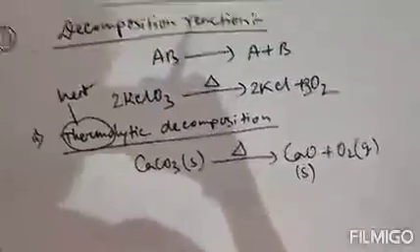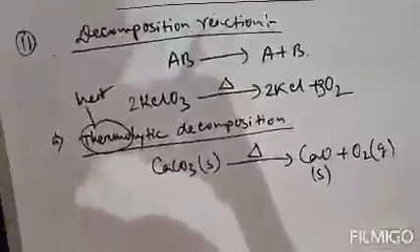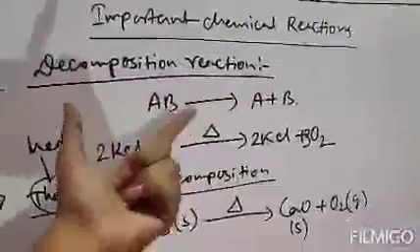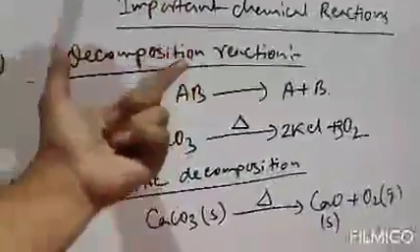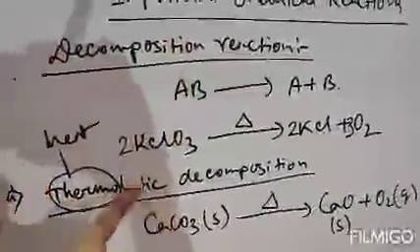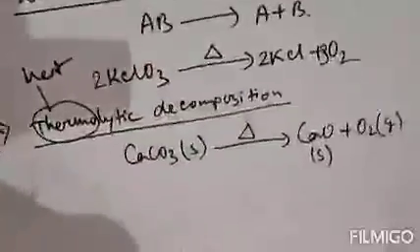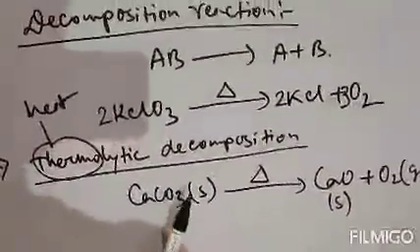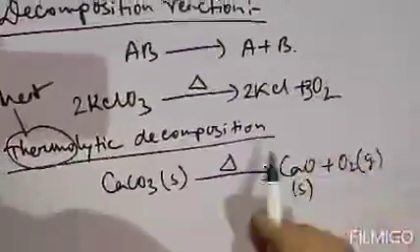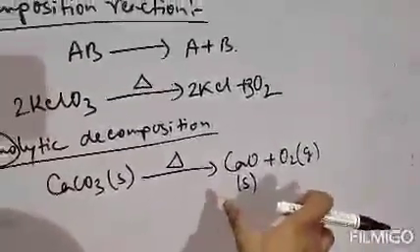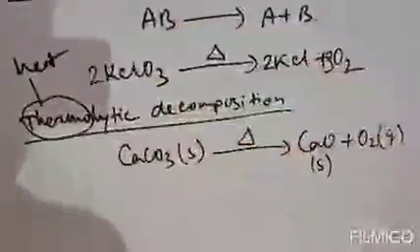It is a decomposition reaction also, because thermolytic reaction is one type of decomposition reaction, and there are three categories under decomposition reaction. The first category is thermolytic decomposition. So CaCO3 decomposes into CaO and CO2. From a single substance you will get two substances. So this is a decomposition reaction.